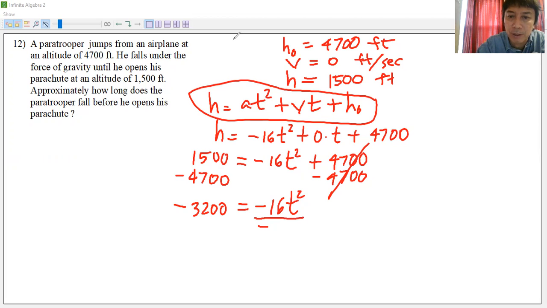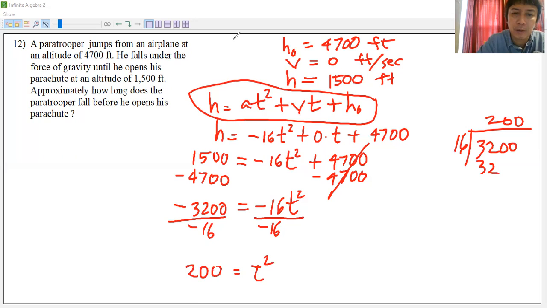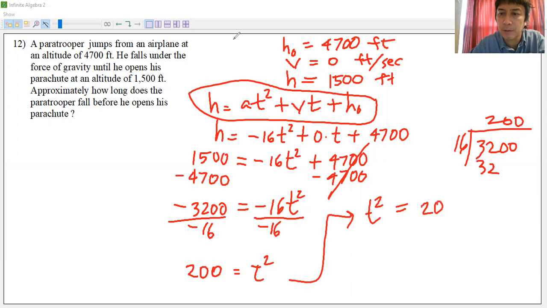So we have t squared is equal to 3,200 divided by 16, that looks like 32, then 2 zeros, that makes 200. So we have t squared is equal to 200.